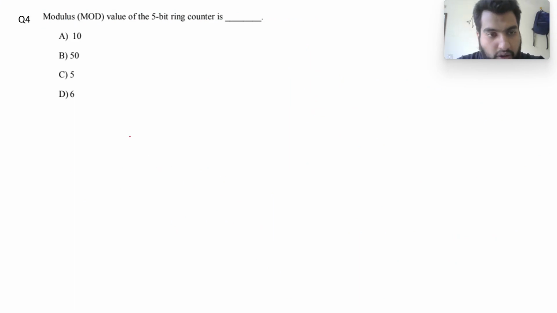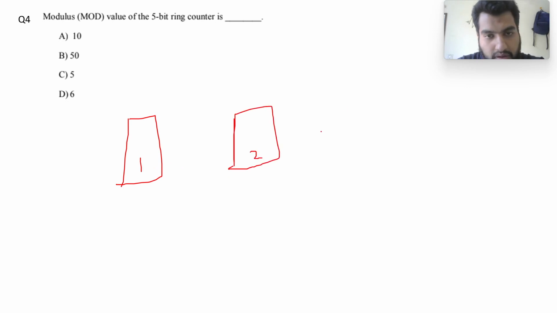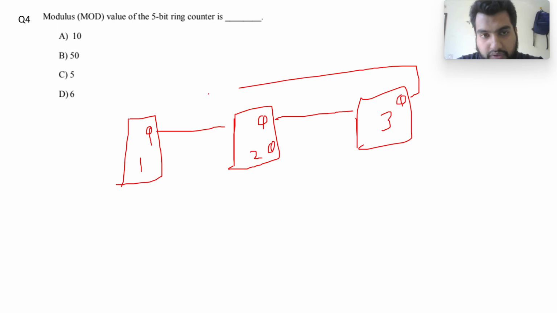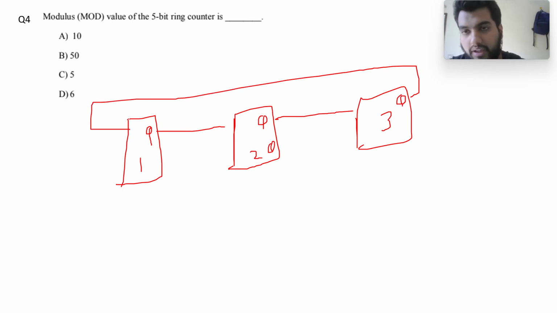So when we talk of a ring counter, we have these flip-flops. Let us mark it as D flip-flop 1, 2, 3. In a ring counter we have the Q outputs. The output of the last flip-flop is connected to the input of the first flip-flop, and this forms a ring counter.